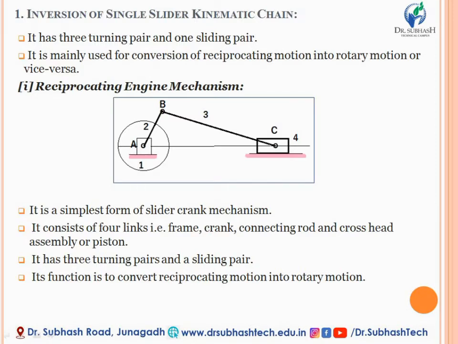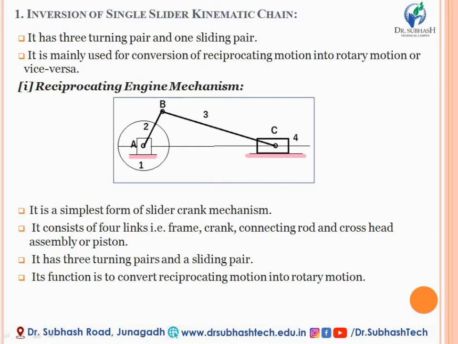So this is how the 4 different links are connected in the case of the reciprocating engine mechanism. By looking carefully you can also see that out of 4 linkages, 3 have turning pairs, whereas only one pair is the sliding pair of the piston.